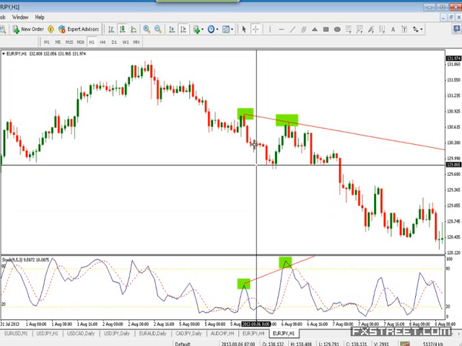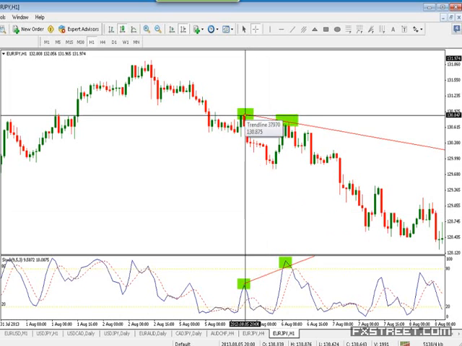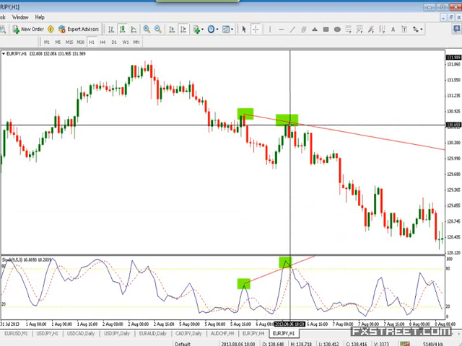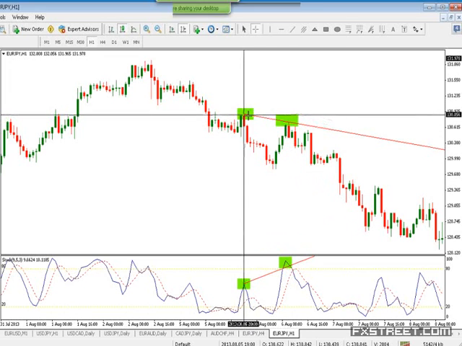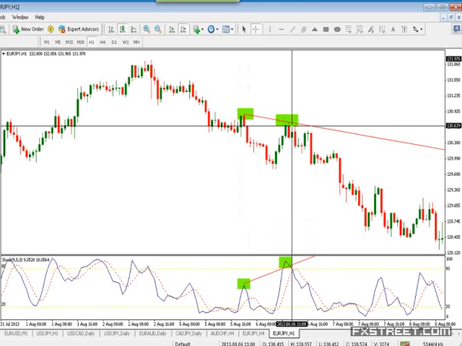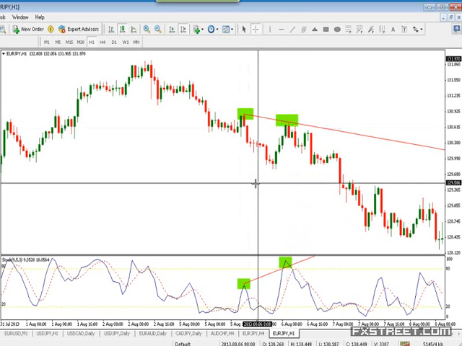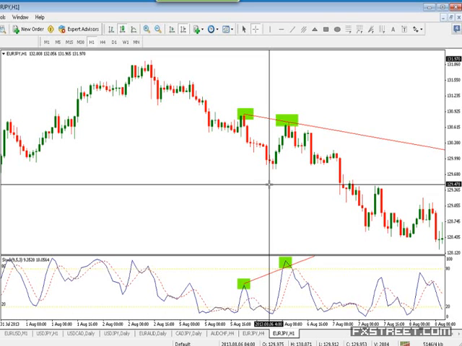where for a regular pullback in price, which in an existing downtrend makes a lower high. Now, when I talk about a regular pullback, that means price has not broken the previous high. The simple fact is that it remains lower than the previous high, which is a classical indication of the continuing of a trend.